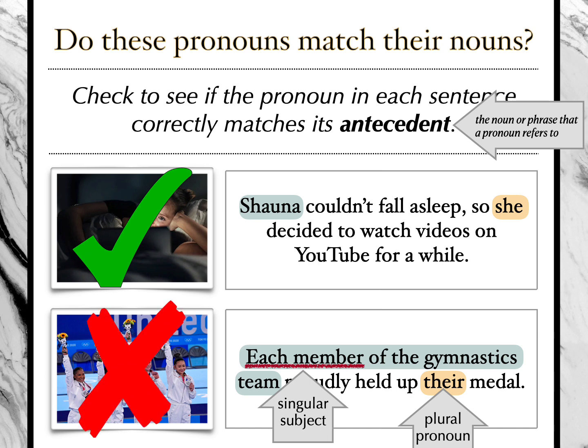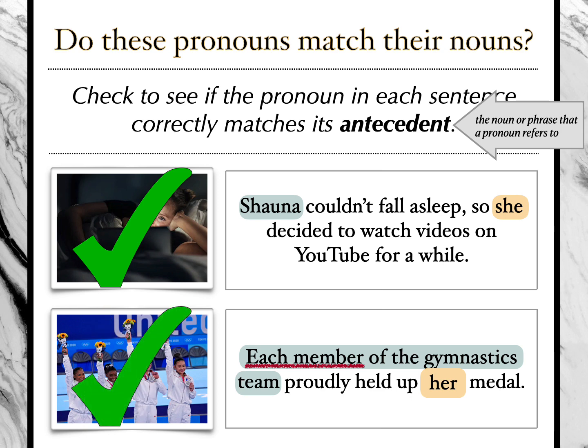How can we fix this? In this case, it's a girls' gymnastics team, so it should be her medal. I know that sounds weird because I think most people would say their medal in spoken English, but actually, to be grammatically correct, it should be her because member is singular.